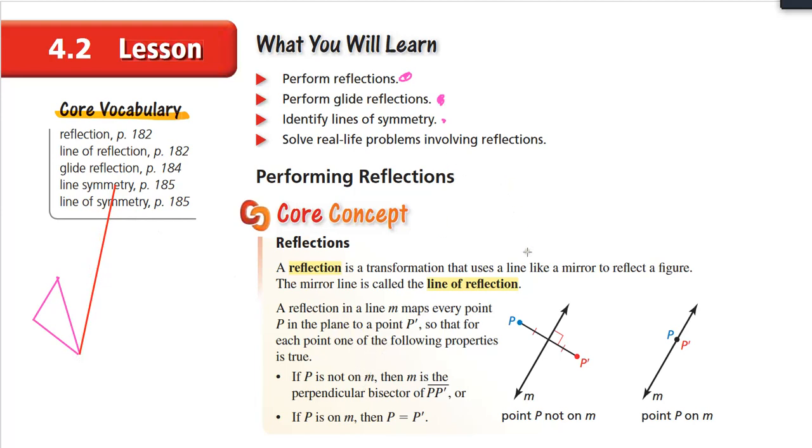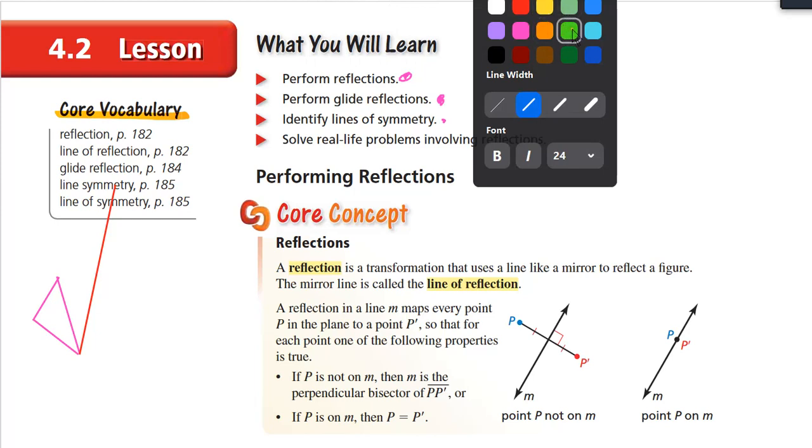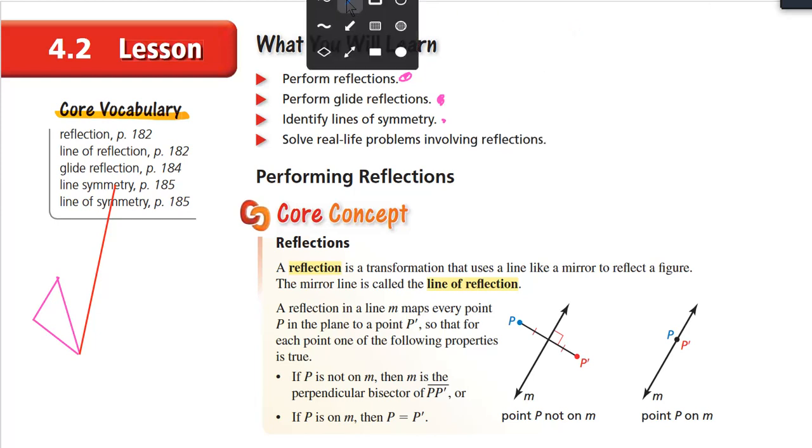So to find the other points, I'm going to change colors again. There's a line that goes to the line of reflection. If I go out the exact same distance the other way, okay, that's not perfect, but let me undo that and do that a little better. That's where the matching point is.